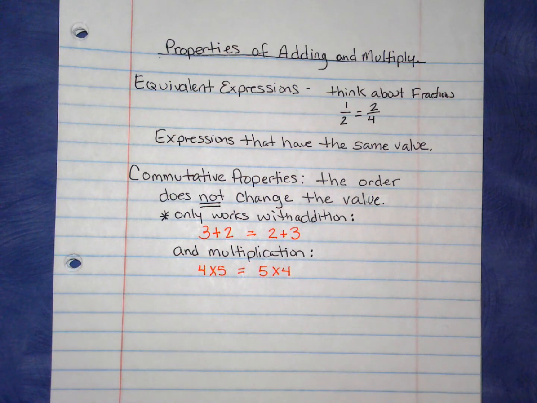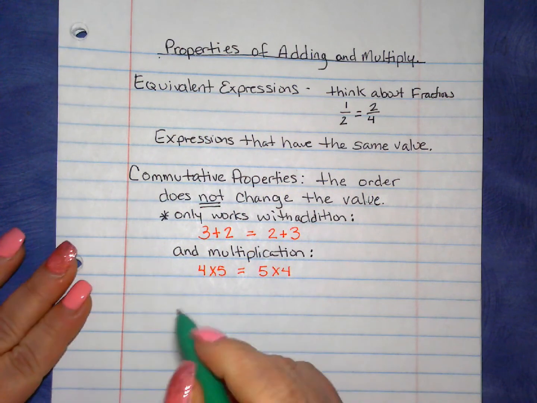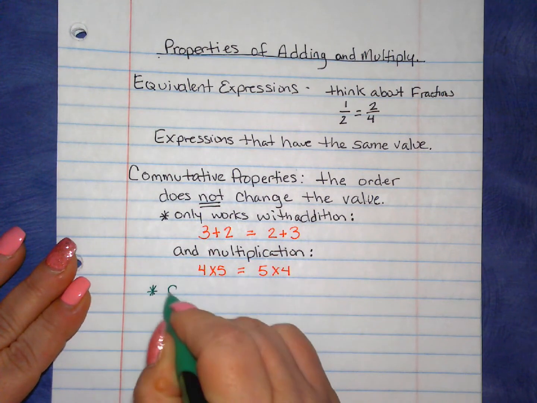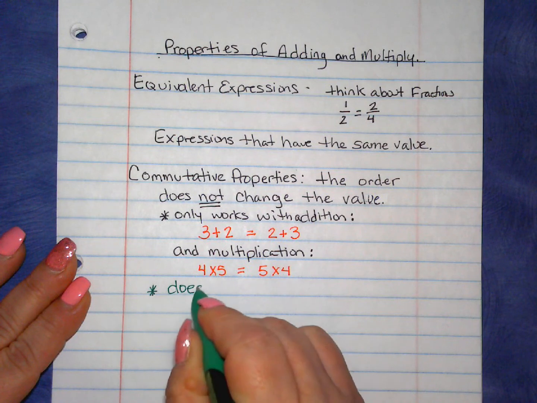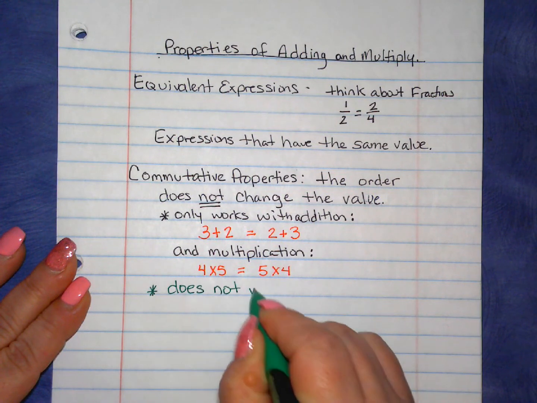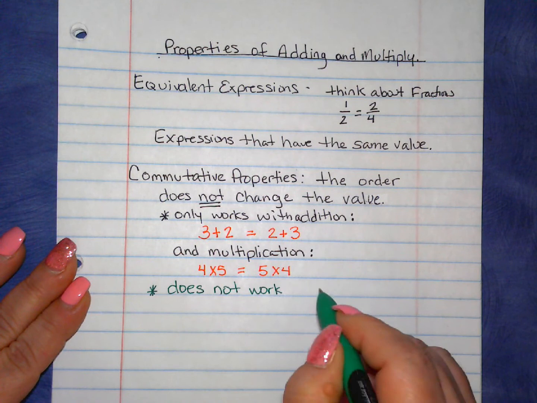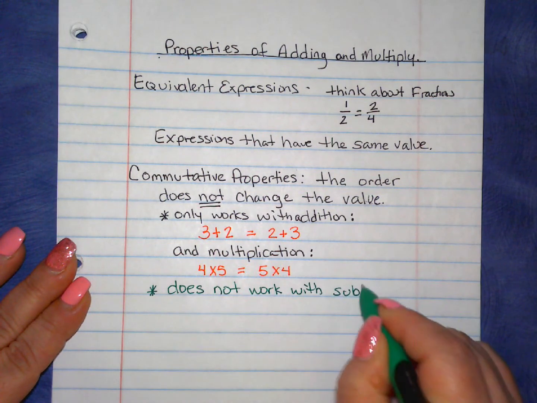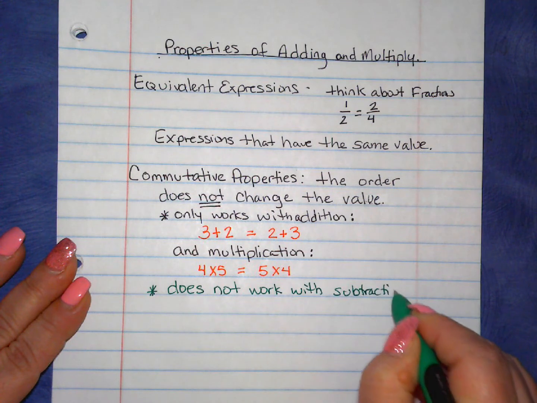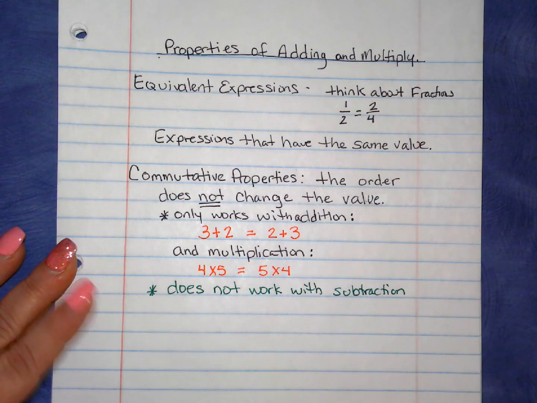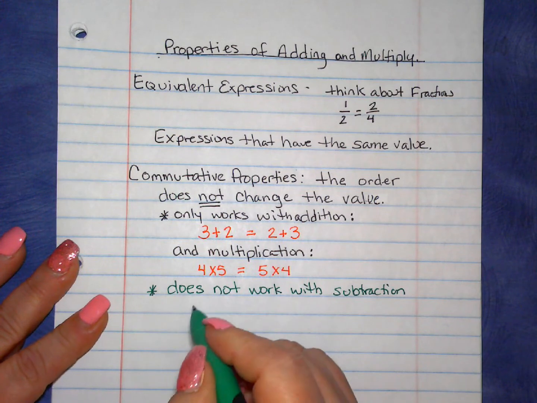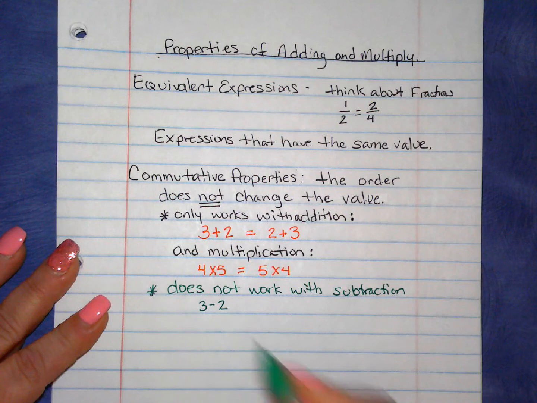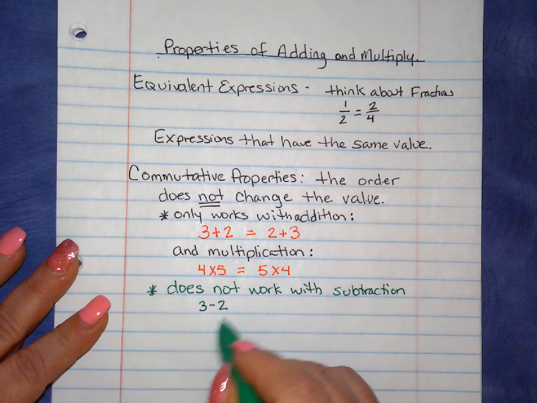But it's super important that you remember that this does not work with subtraction. Really important. Because if I say, for example, 3 minus 2, that would be 1, right?